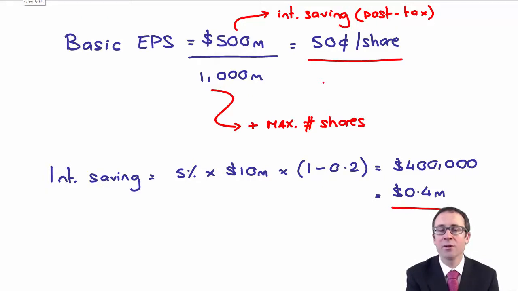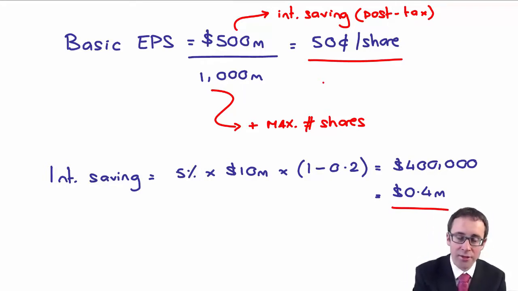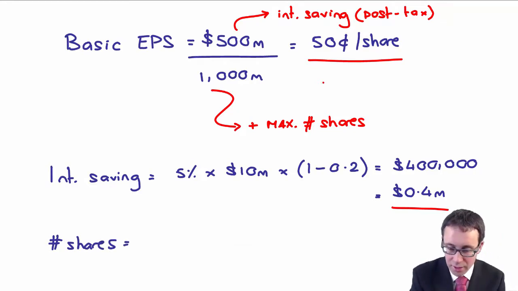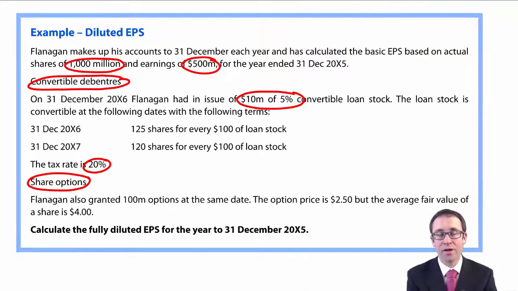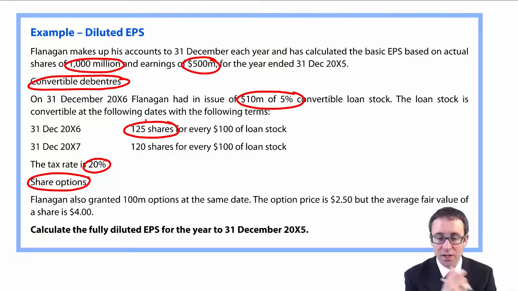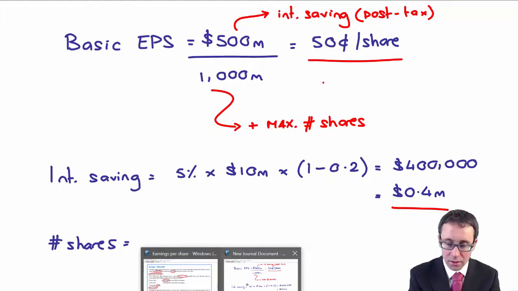The post-tax is like what we saw when we looked at our discount rates for the cost of debt. Everything was post-tax, so it was 1 less the tax rate on the interest. What we also need to do is look at the maximum number of shares that could be issued, because here you have different conversion dates and different conversion terms. Here the maximum will be 125 shares for every $100 worth of loan stock.